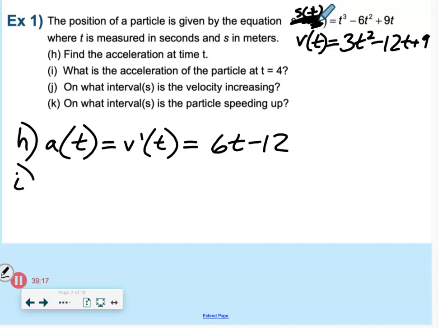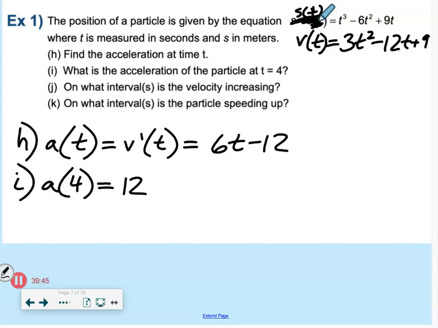See, we're already on part I. What's the acceleration at time 4? Let's do a of 4. It is 12. Good. So units: if position is in meters and time is in seconds, velocity is the rate of change, so it would be meters per second.